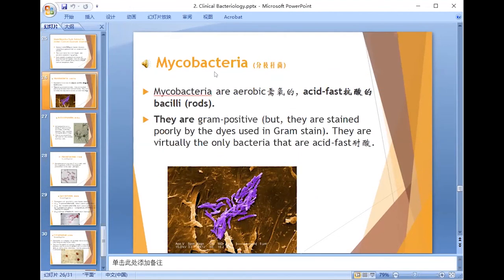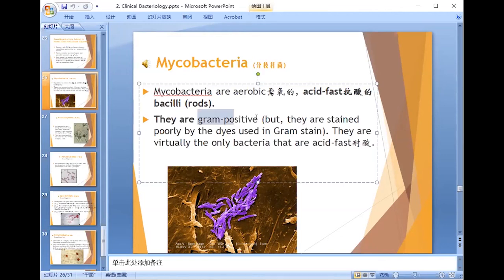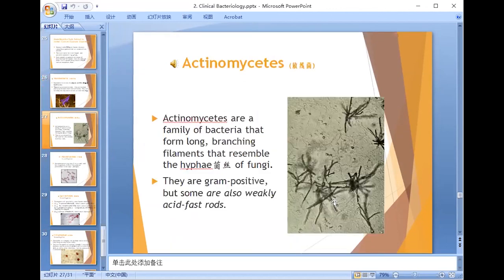And then we're talking about some bacteria with a bunch-like shape. That kind of bacteria still belongs to gram-positive, but they are not that easily stained by the gram stain. Even though they belong to gram-positive, they still appear blue in color.